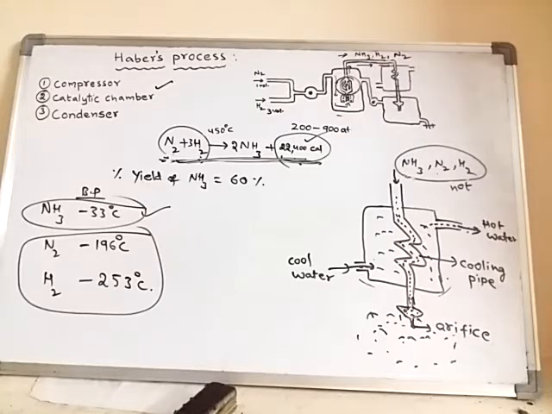The gas which has the highest boiling point will liquefy first, so here ammonia will liquefy. Why are hydrogen and nitrogen not liquefying? Because their boiling points are comparatively very less. Hence they do not liquefy, they remain as gases only.